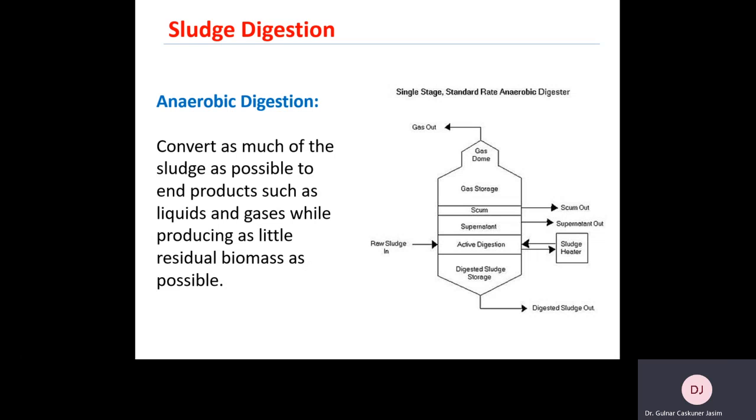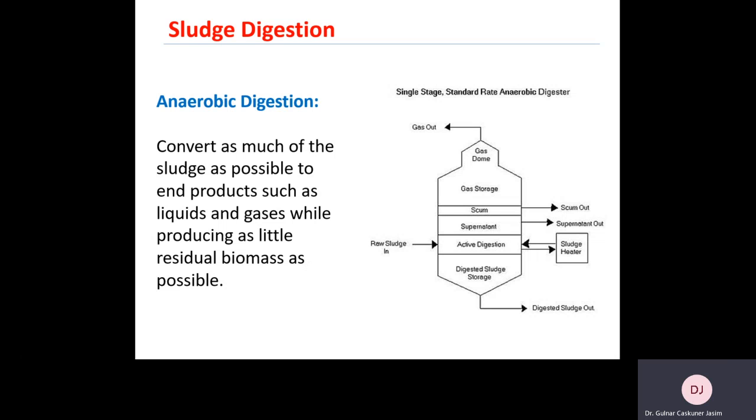So here it shows a kind of anaerobic digester and explanation. What happens in anaerobic digestion? It converts as much sludge as possible to end products, such as liquids and gases, while producing as little residual biomass as sludge.